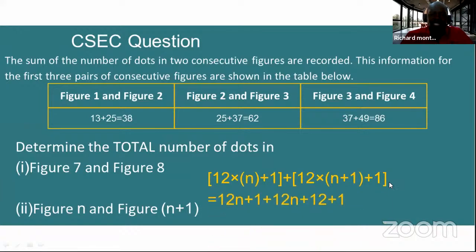So if we are to simplify that, we would have 12n plus 1 and 12n plus 12 plus 1. I'm giving you a minute to simplify that, to look at it and simplify. So we're determining the total number of dots in figure n and figure n plus 1.